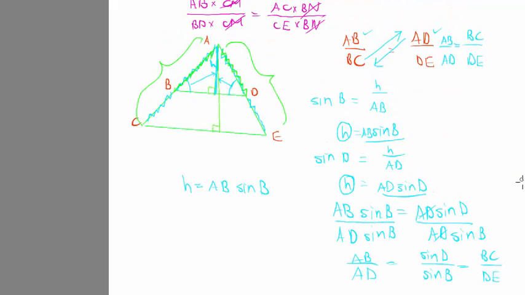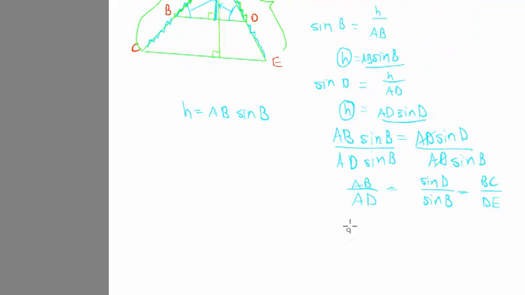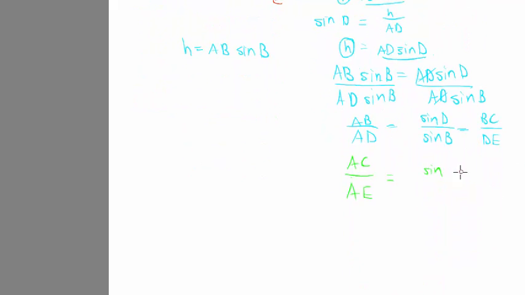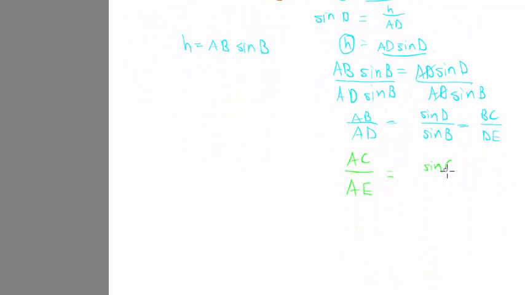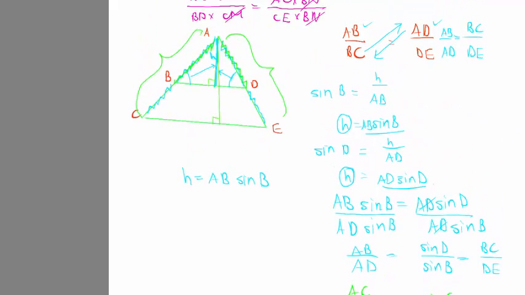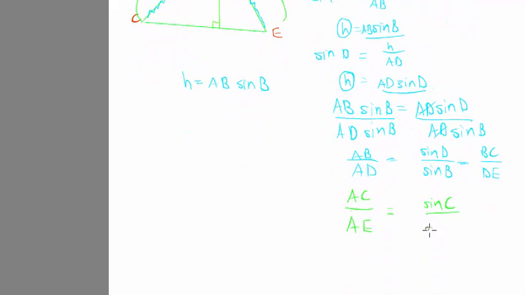And I can just tell you, and then it's easy to go on, because then I can show you that AC divided by AE is equal to sine C divided by sine E, and now I've shown that this would be equal to that.